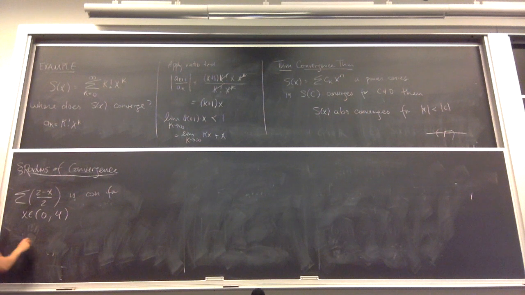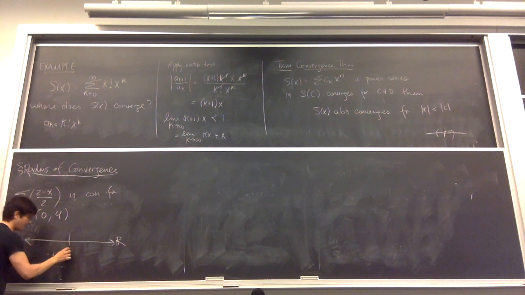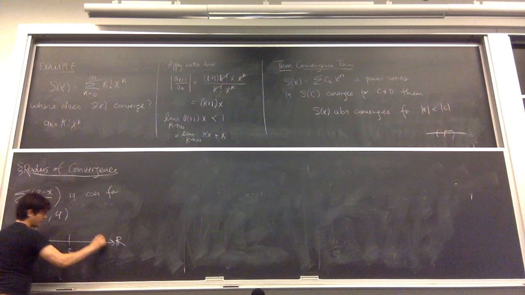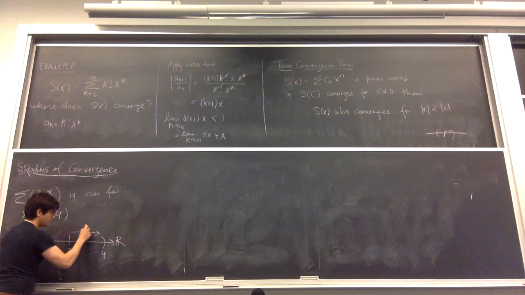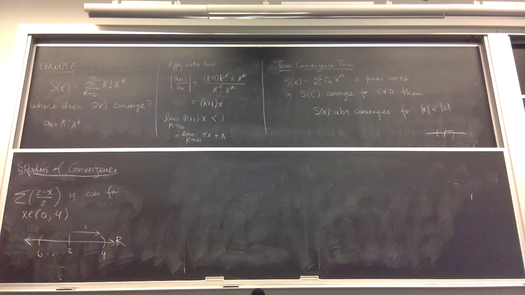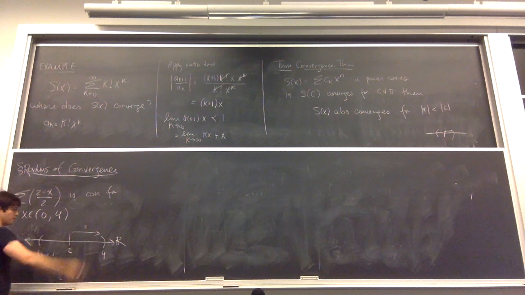We can draw it on a number line and talk about its center, which is 2. It goes out to 4, down to 0. So we say this has a radius of convergence 2, because that's the radius. Its convergence is centered at 2, and the interval for which it converges is everything between 0 and 4.